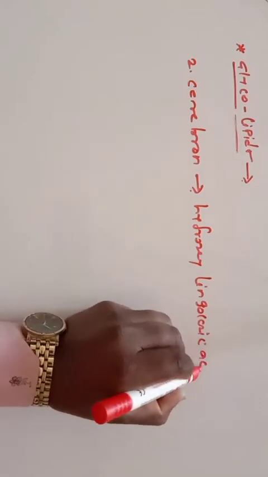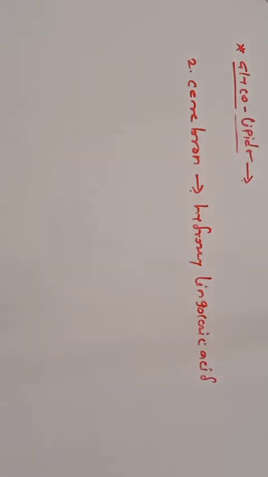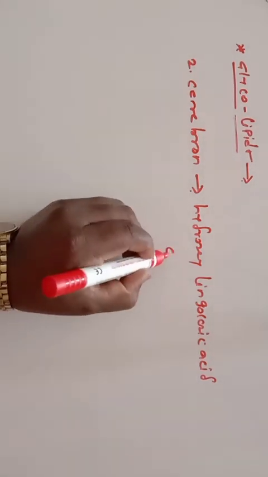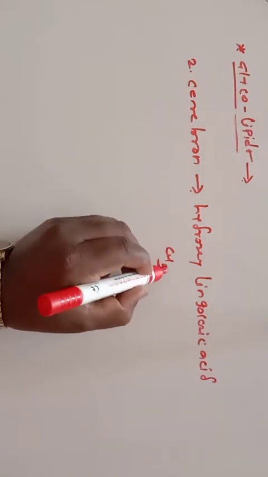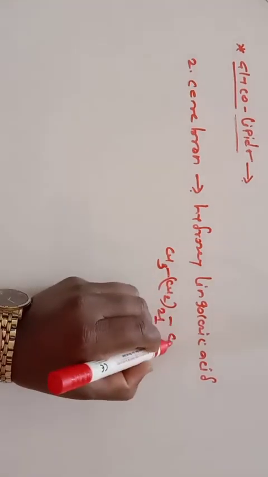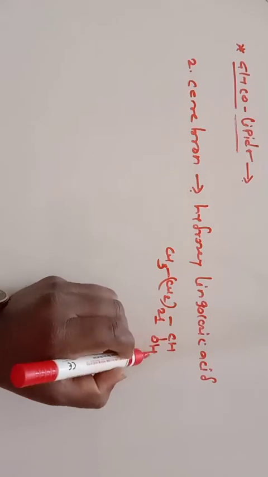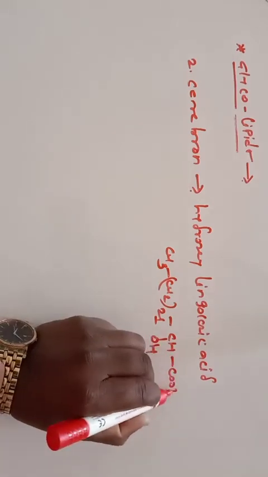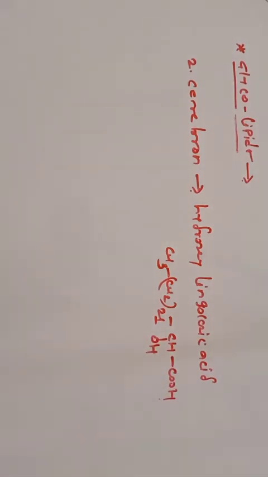If you see its formula, CH3 (CH2)21 CHOH COOH is there. So the difference between kerasin and cerebron is only the hydroxyl derivative. Kerasin contains lignoceric acid and cerebron contains hydroxylignoceric acid.